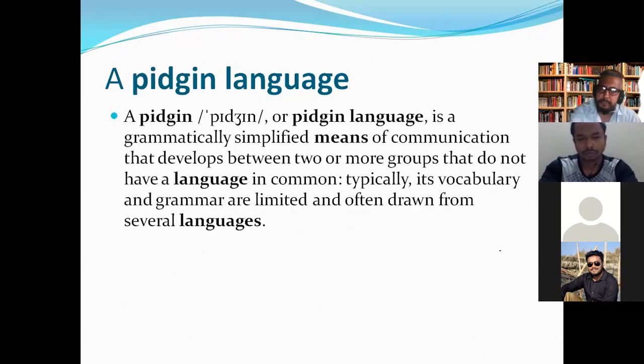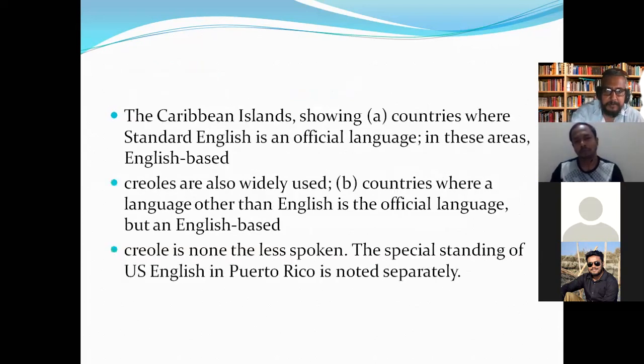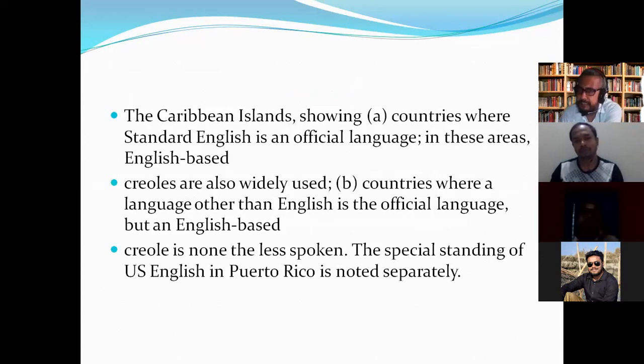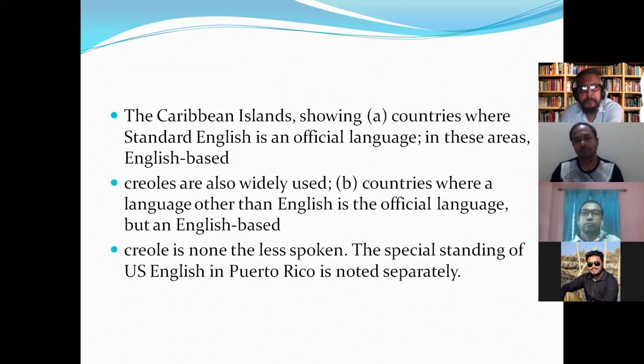However, Pidgin is also a sort of communication in a multilingual community. You can make communication in this language, Pidgin and Creole. Okay, so in the Caribbean islands, some countries will be using English as their standard English, and some will be using English not as an official language, but as the language of communication.